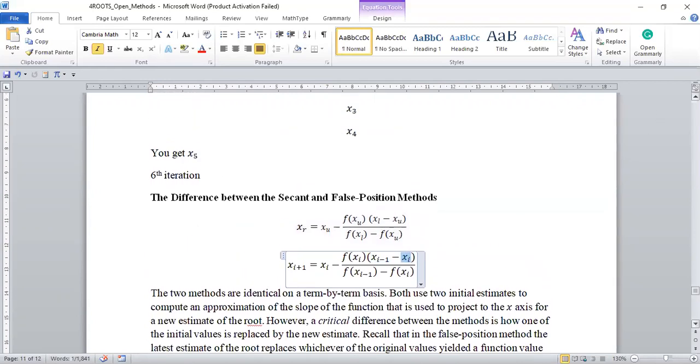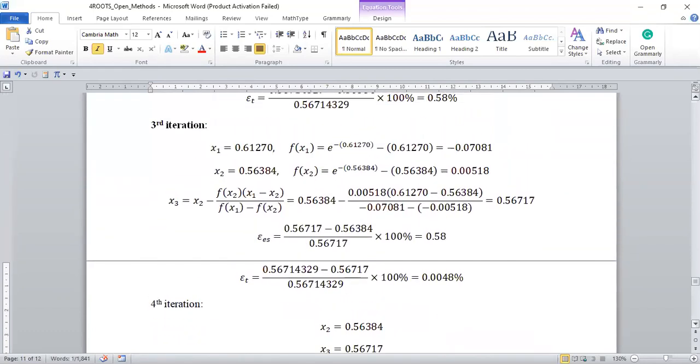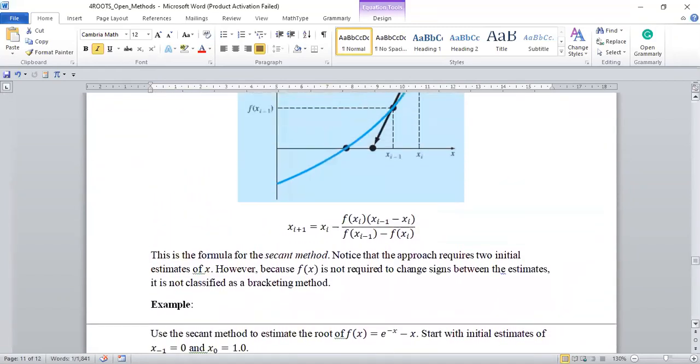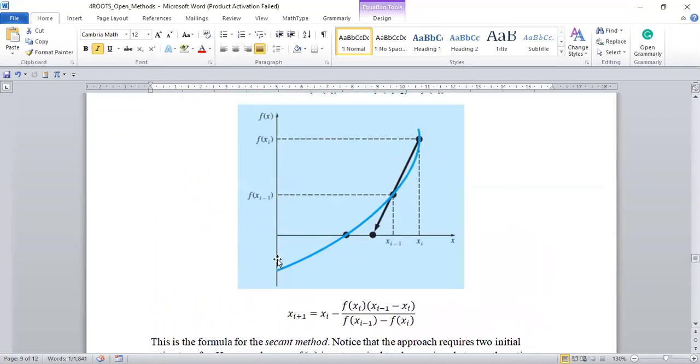In order to explain better, let me go back to the figure of the second method. This is the second method, right? And this is the true value of the root. Remember, the root is where the function touches the x-axis. This is x_{i-1}, and this is x_i. Normally, for the false position method, the lower limit should be here and the upper limit here, and the root is between them.